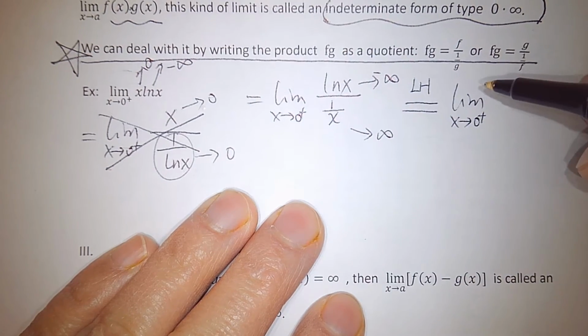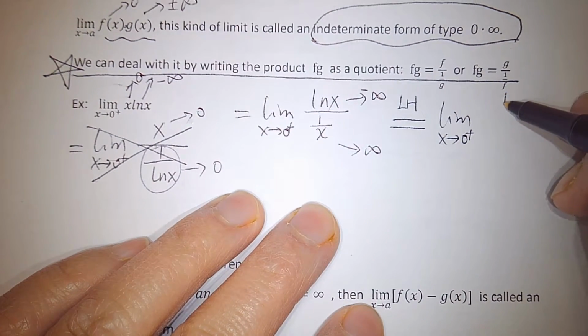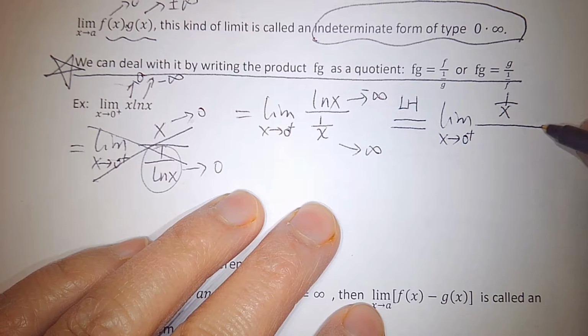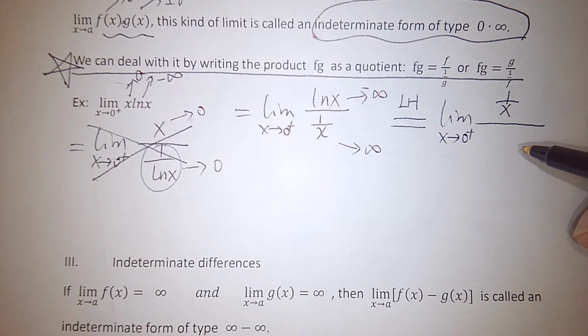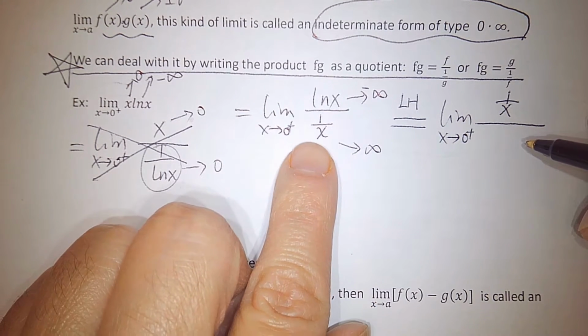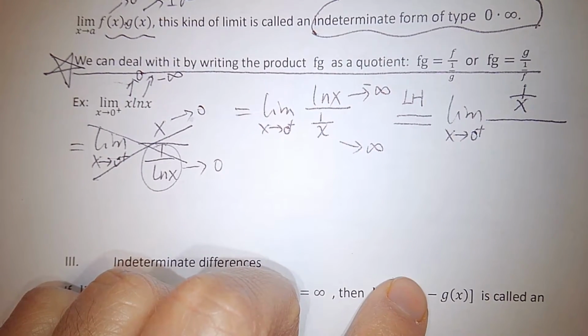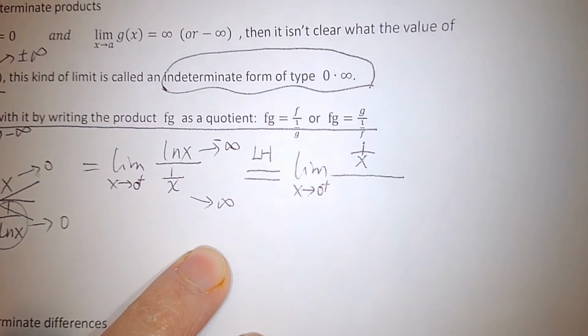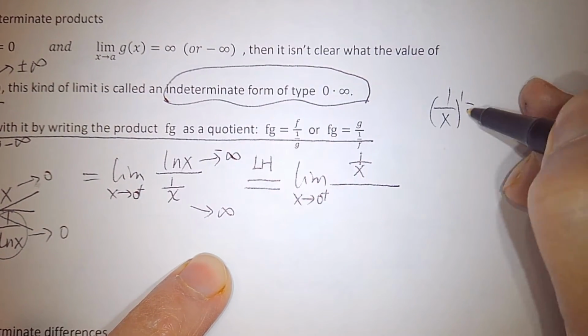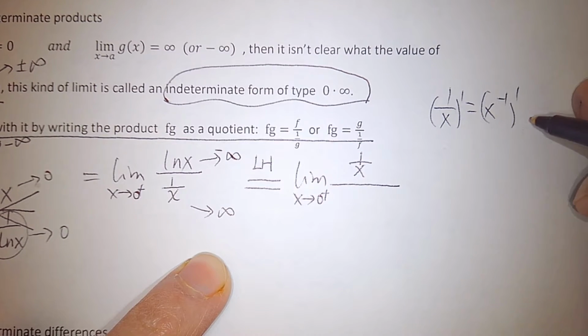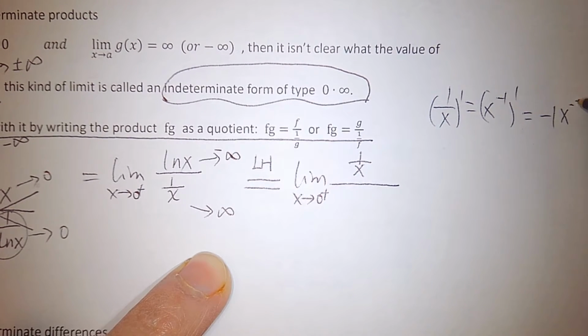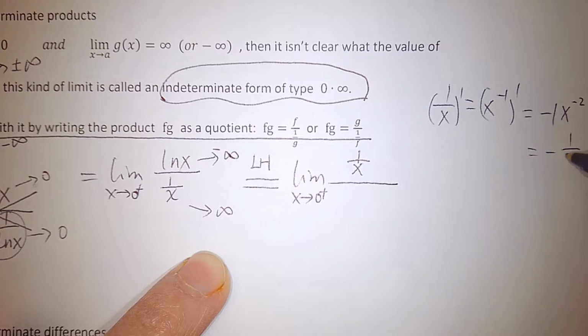So by using L'Hospital's rule, let's differentiate ln x. What do we get? Right? What is the derivative of 1 over x? Negative 1 times x to the negative 2, which gives us negative 1 over x squared.